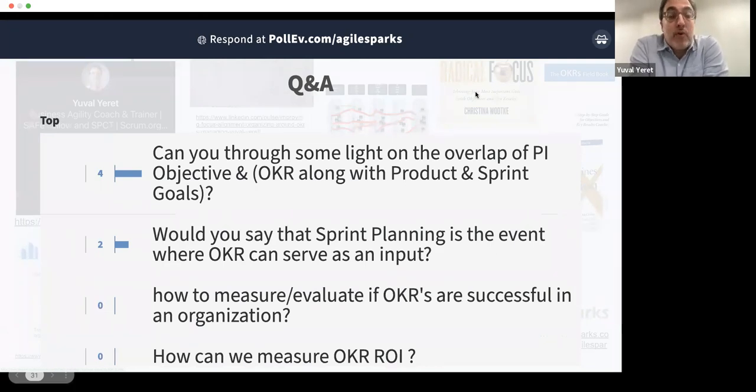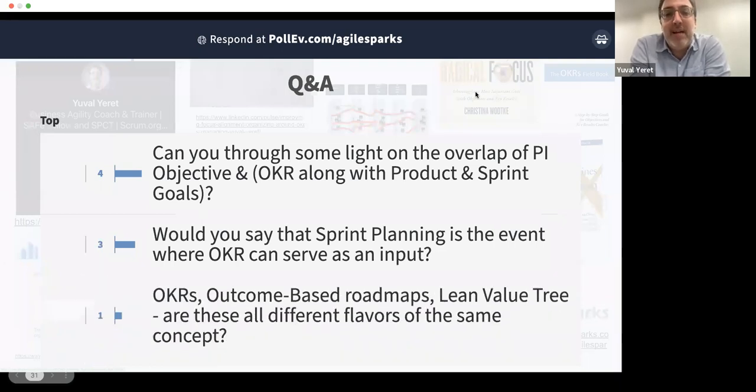are basically program increment objectives. That's a set of objectives that we set in SAFe, the Scaled Agile Framework, for an Agile release train, a team of teams that is planning work for around 8 to 12 weeks. Planning at a high level, they're not planning the details. It's not a replacement for sprint planning.